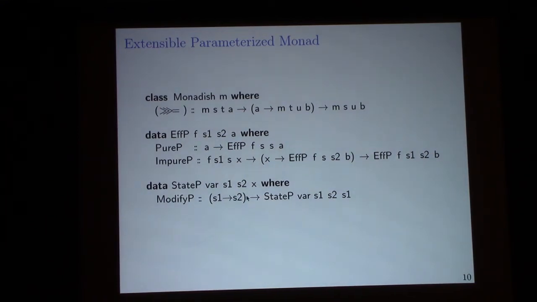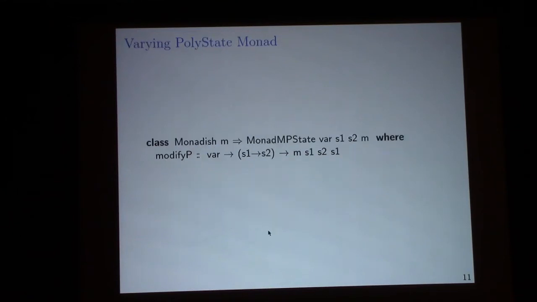This is straightforward. It turns out that if S1 and S2 are the same, it's a monad, and therefore we can use return from that monad. So we can use extensible monadish and monad roughly in the same computation.